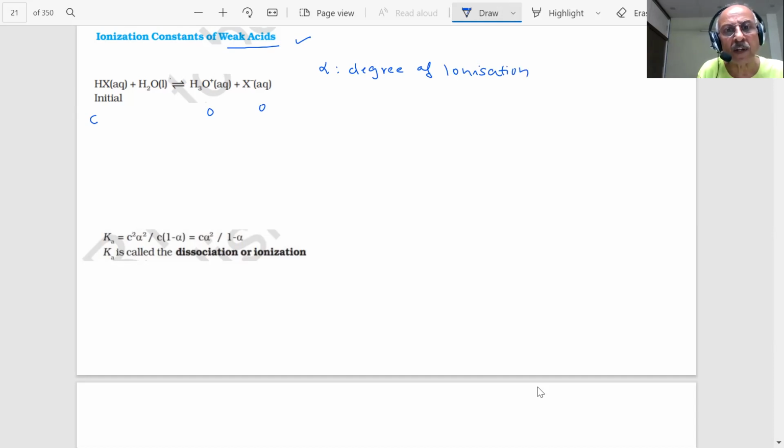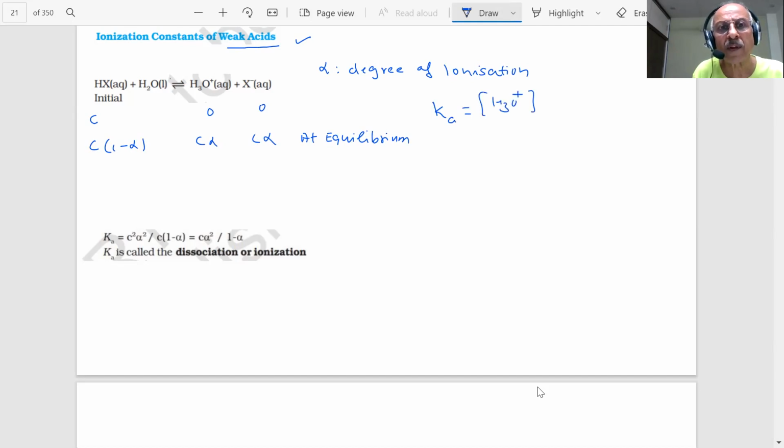At equilibrium, you will have C(1 minus alpha), C alpha, and C alpha. And therefore, we said, Ka can be determined as H3O plus into X minus, these are aqueous ions, divided by HX aqueous.